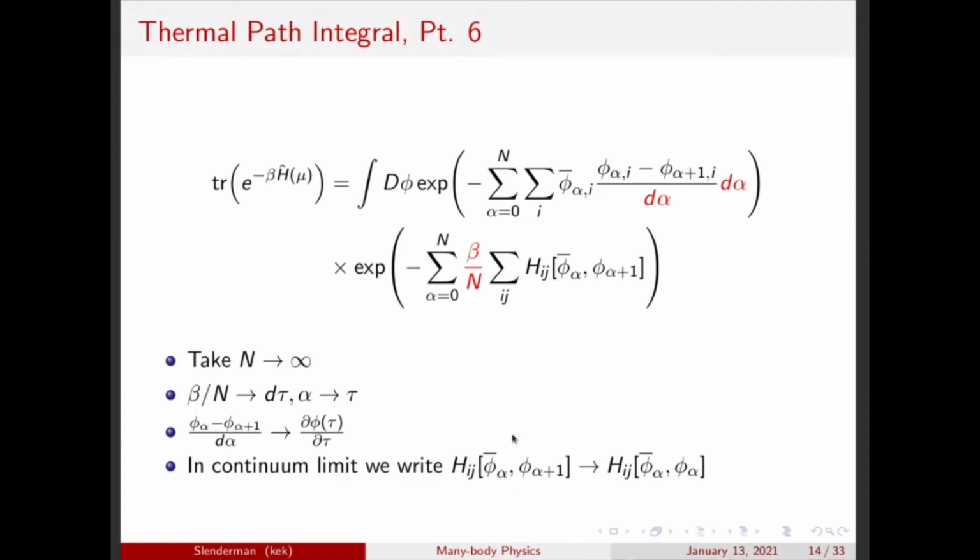Yep. I mean, you would expect Hij to become a functional of phi, right? That's like a local functional, of course. Yes. In the continuum limit for both time and space, we expect Hij to be a local functional of phi. So is that what you've written in the fourth point, or is this saying something more?